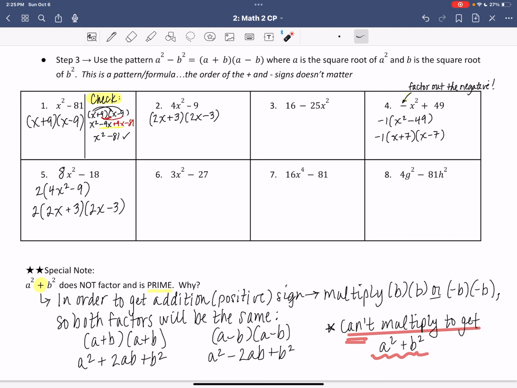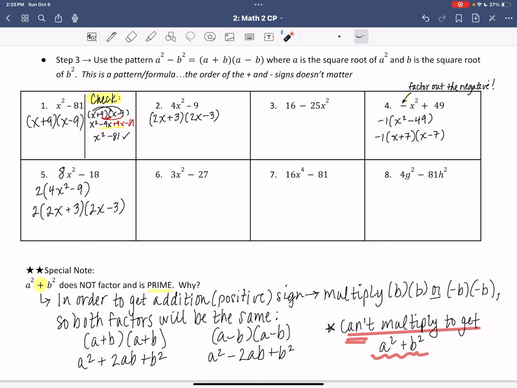I've said before you need to have 1 plus and 1 minus, and that's because you need a negative. So if you have a plus, this does not factor and it's prime, because the only way to get an addition sign is they both need to be positive or they both need to be negative.